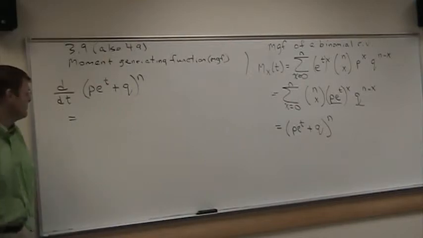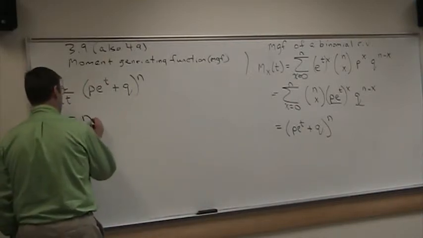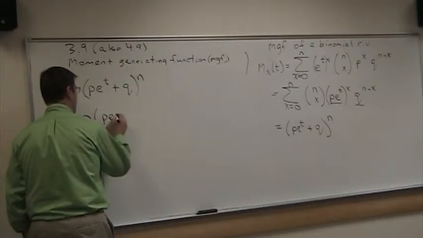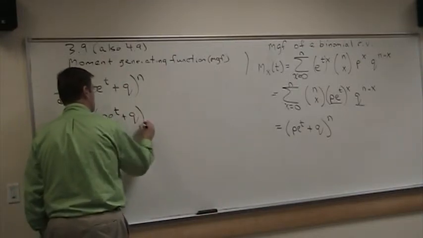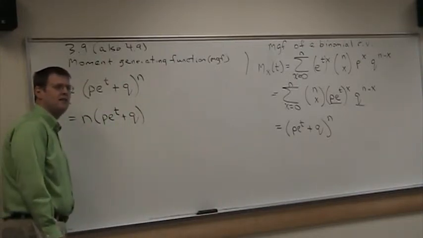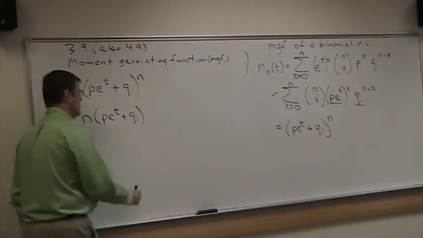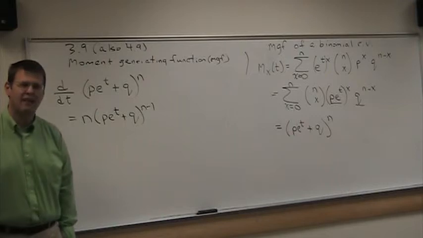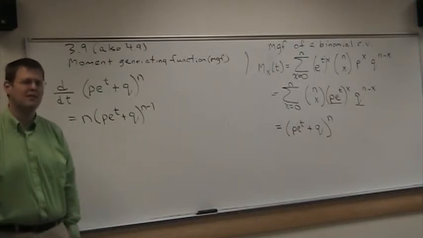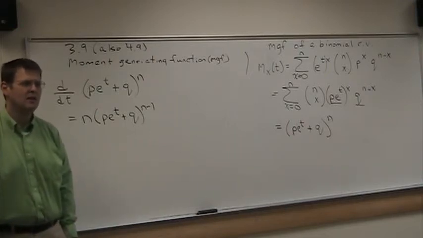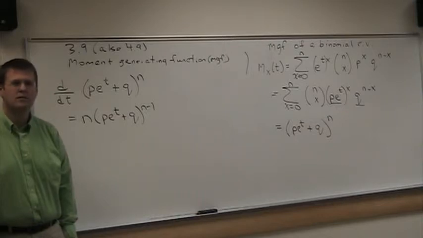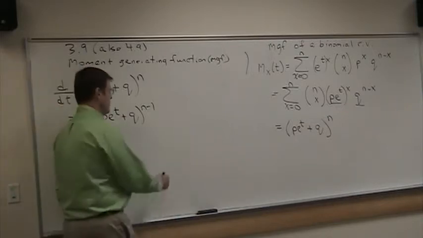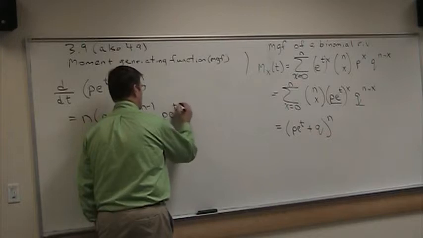Chain rule, right? n times (p e to the t plus q) raised to the n minus 1 times the derivative of the inside. The derivative of the inside with respect to t is p e to the t.